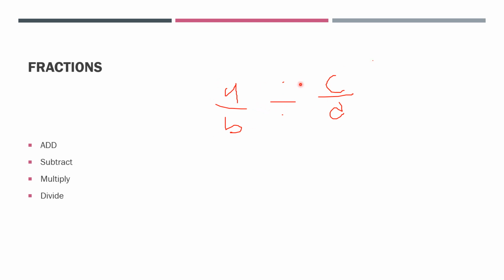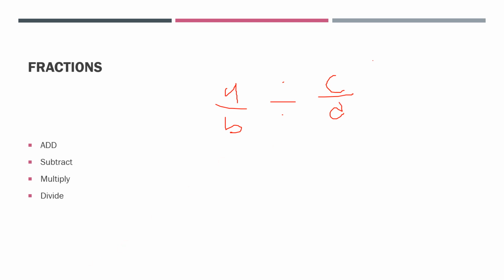You have to change this division sign into multiplication, and then you just do the same thing as multiplication. But be aware, when you change the sign of division, the fraction at your right will change. The denominator will become the numerator, and the numerator will become the denominator. They will swap like that.